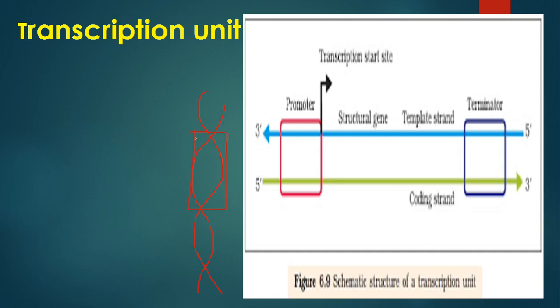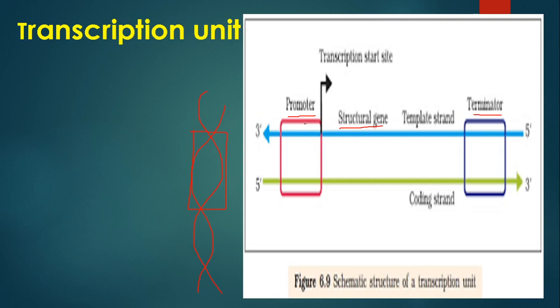That portion will be referred to as the transcription unit. Now, what defines a part of DNA to be the transcription unit? The part of DNA which has one promoter region, one structural region, and one terminator region will be defined as the transcription unit.